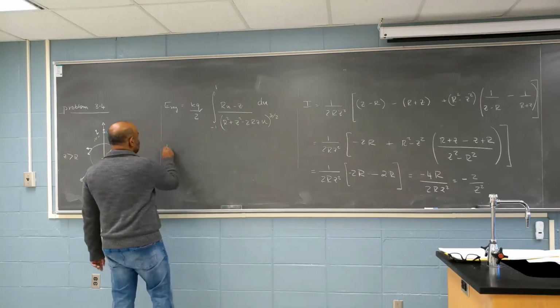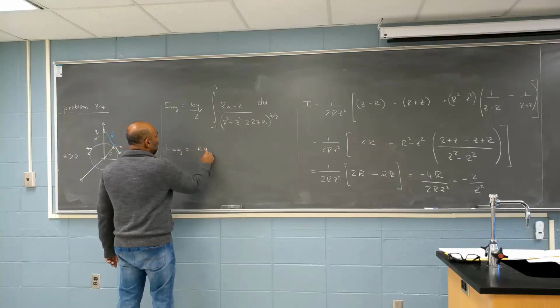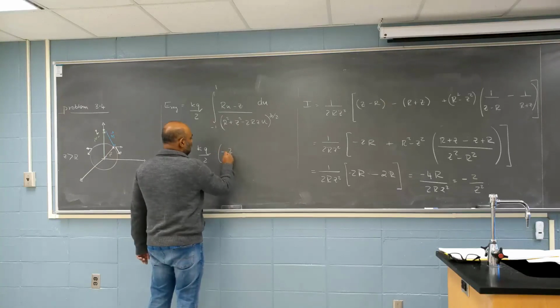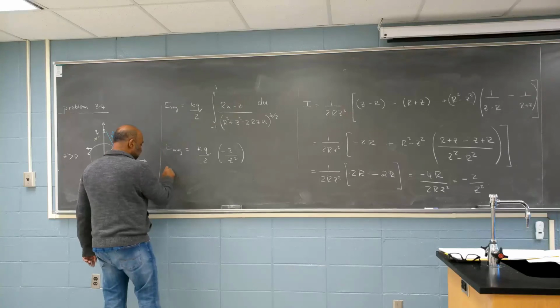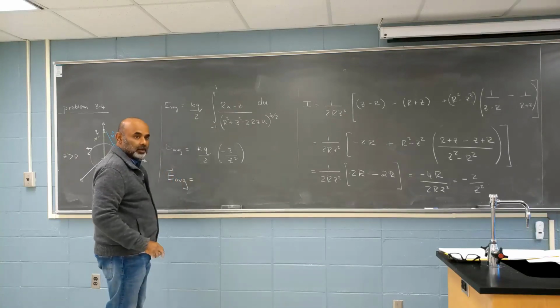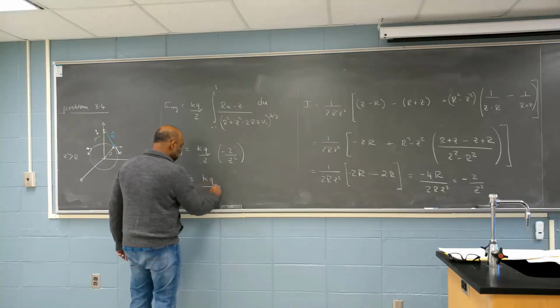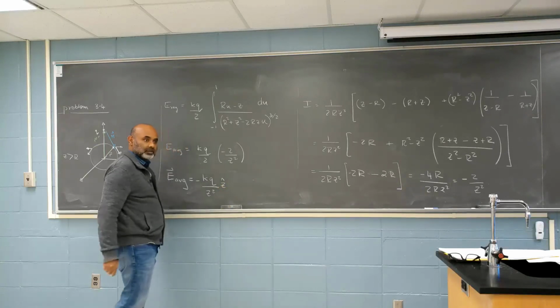I get E average equals KQ over 2 times minus 2 over Z squared. Or E average as a vector quantity, we said, was just the Z hat direction, and I would get KQ over Z squared, Z hat.